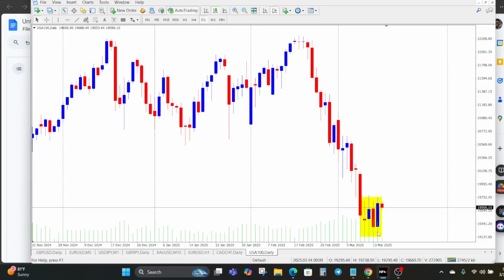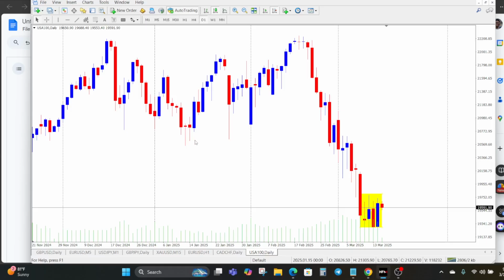So can you see that the range we identified fell within the highs and lows of the previous 4 days. Yeah, so this range can actually fall within the previous day's highs and low, but coincidentally it fell within the previous 4 days highs and lows.